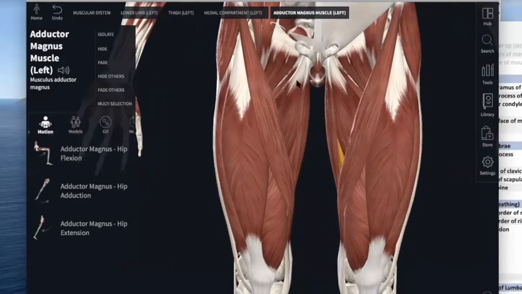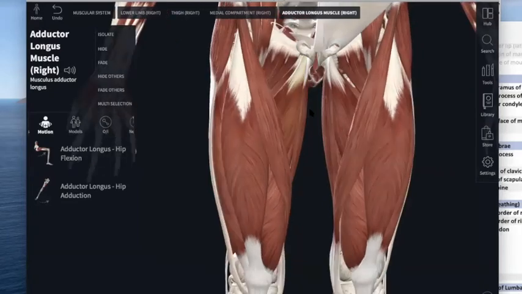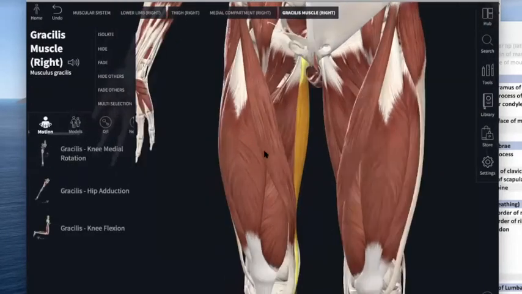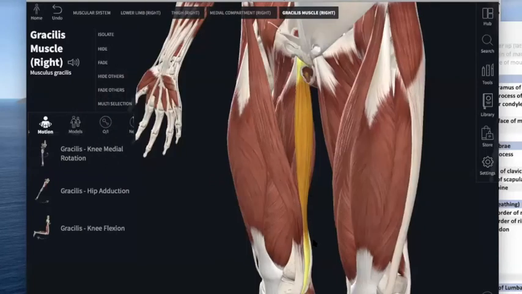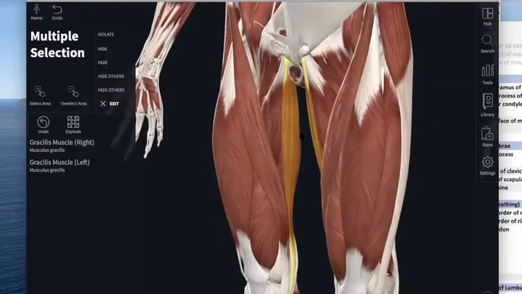Now this one, your adductor longus, and then on the back, your adductor magnus. Running most medially, this long one going down the side here is your gracilis. It's your most medial muscle, the most interior surface right there.